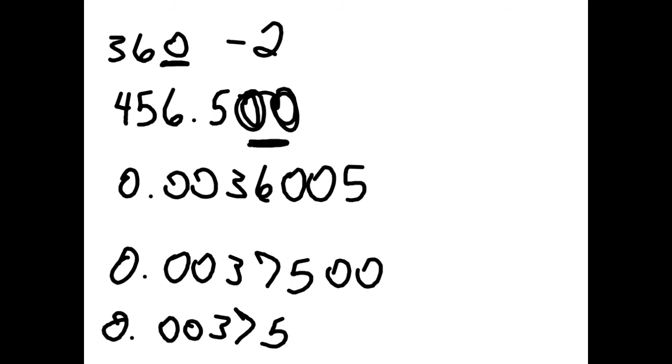All right, guys. So you ask yourself, if we're only asking about zeros at the beginning or the end of a number. We don't care about zeros that are sandwiched in the number because those are always significant. Okay?